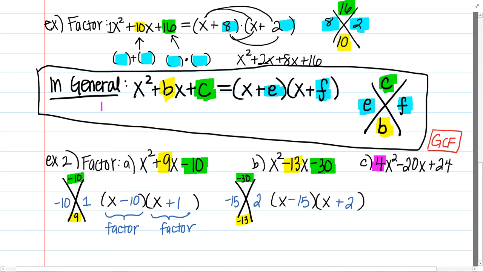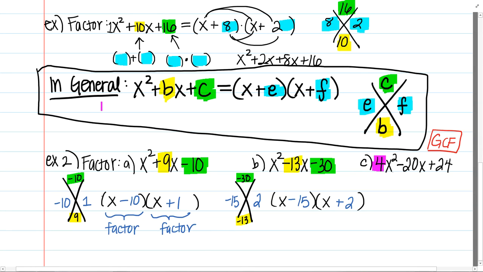The greatest common factor needs to be taken out first before we can do the other kind of factoring. And I'm not going to say that this is always going to work, as we'll learn later that sometimes it's not going to be a greatest common factor, so you have to factor it differently. But in this case, there is a greatest common factor of 4.